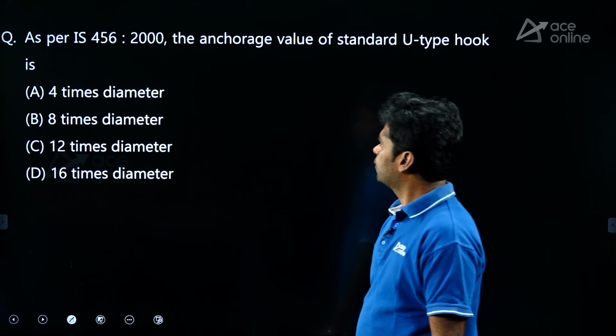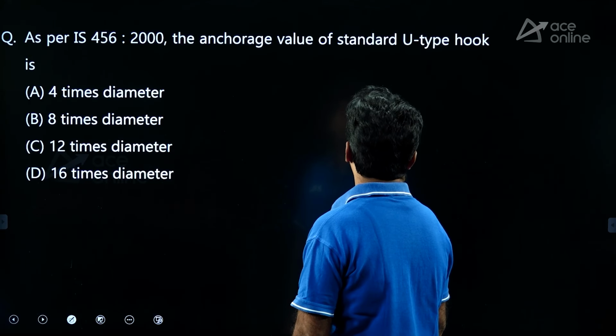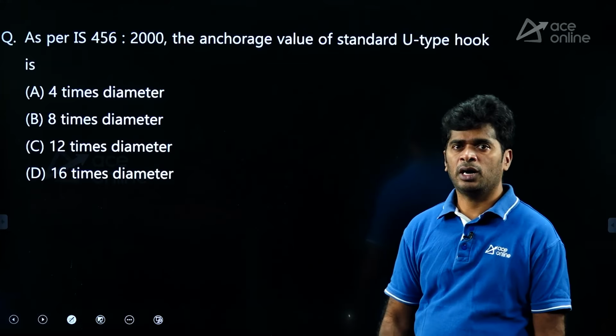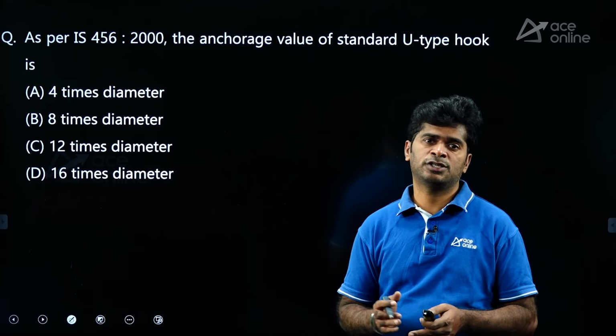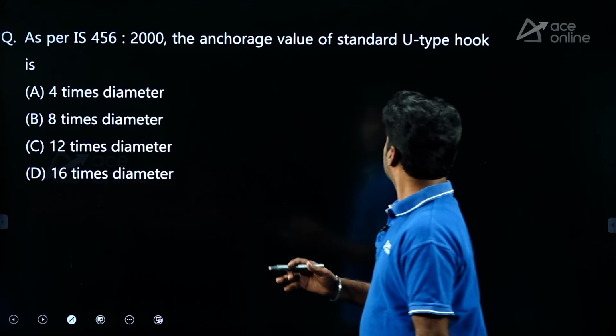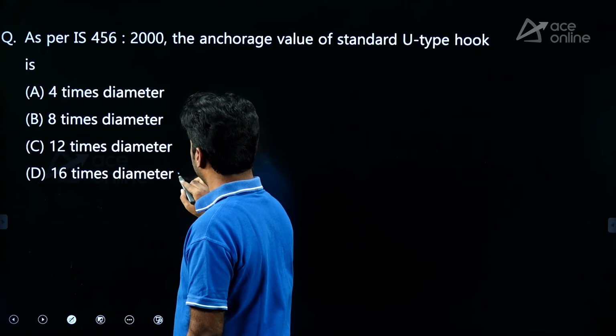As per IS 456-2000, the anchorage value of a standard U-type hook, or 180 degrees bend, of tension reinforcement is 16 times diameter.